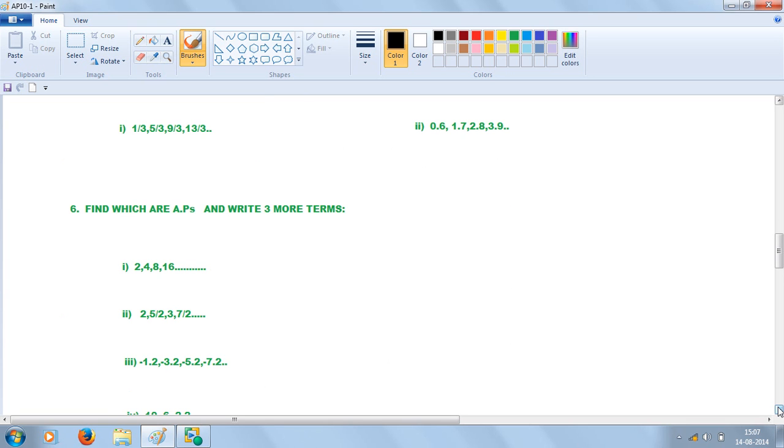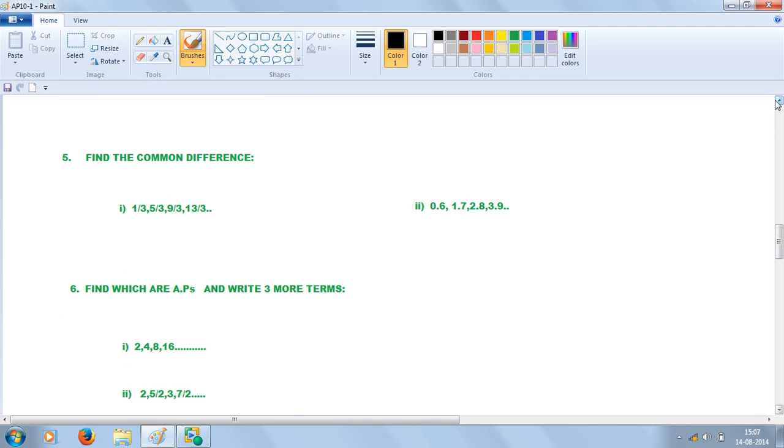So next we will find out how to find the common difference. It's very simple: any term minus the preceding term. In this, for example, we will see 5 by 3 minus 1 by 3. So 3 is gone, 5 minus 1 is 4, so 4 by 3. You can check with these two: 9 minus 5 also is 4, 13 minus 9 also is 4.